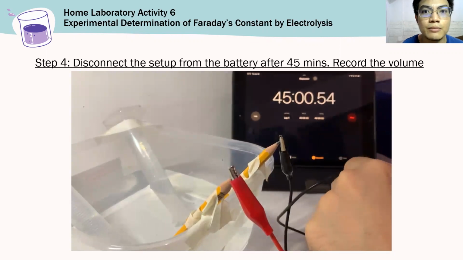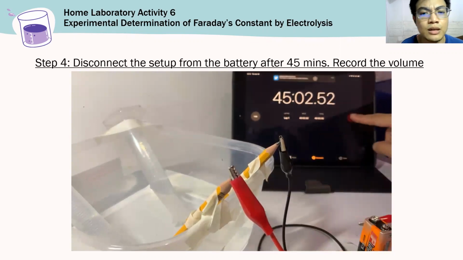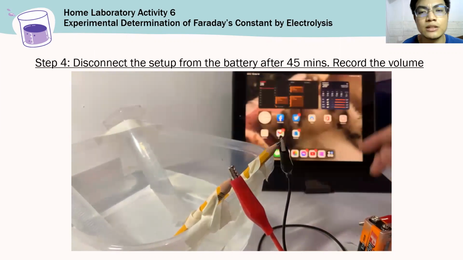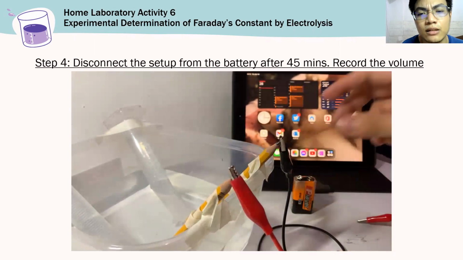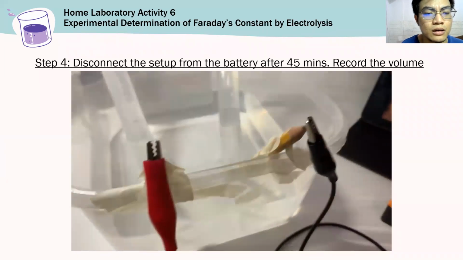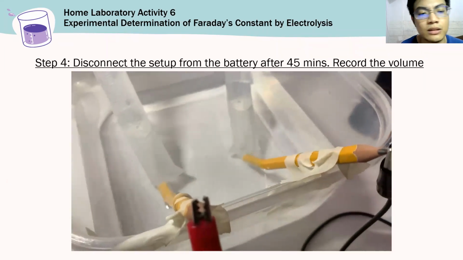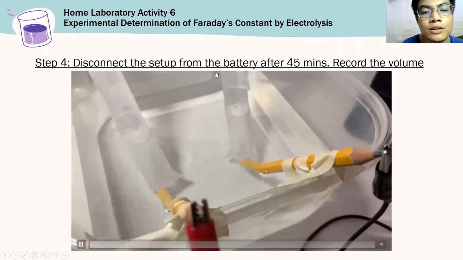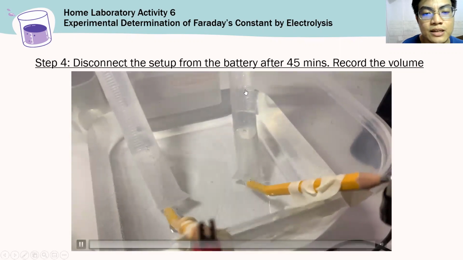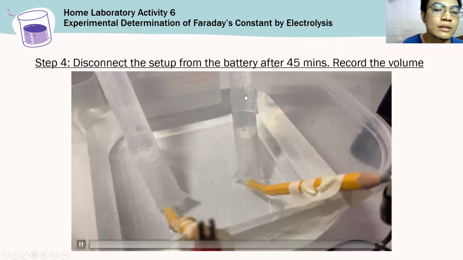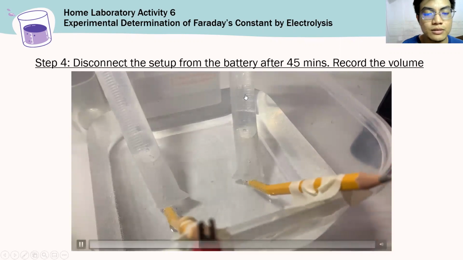The other compartment, which is oxygen, doesn't hold that much gas. Well, that's because of the experimental setup. There are some errors in the experimental setup, but yeah. So just measure the volume of gas here in the cathode compartment.